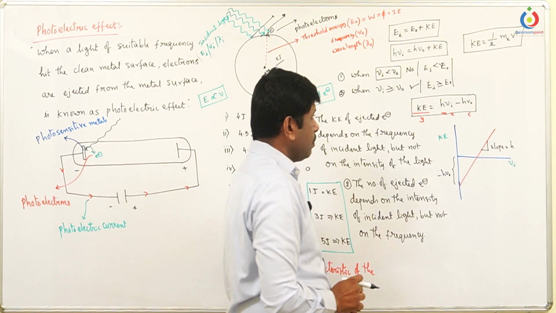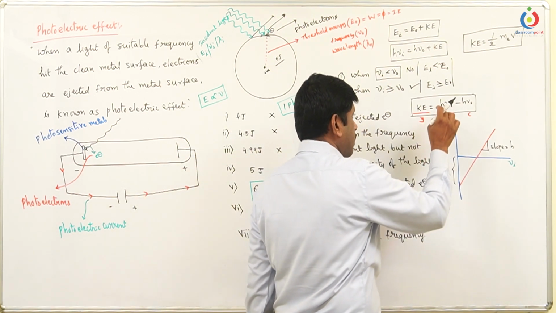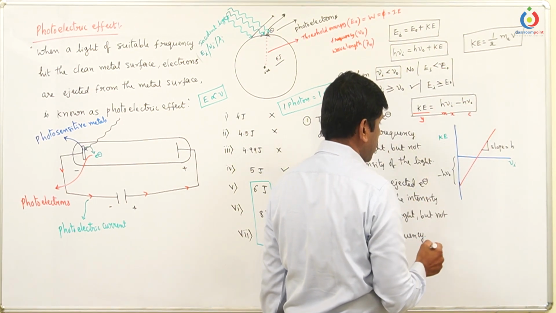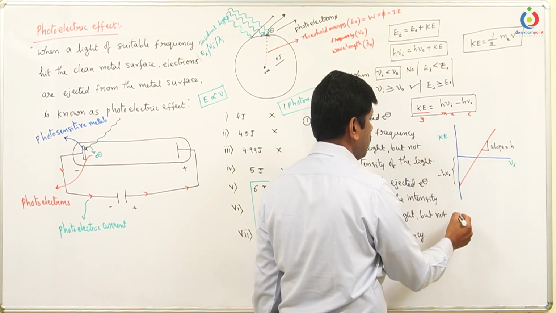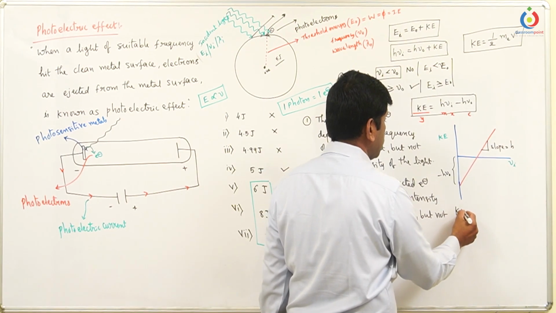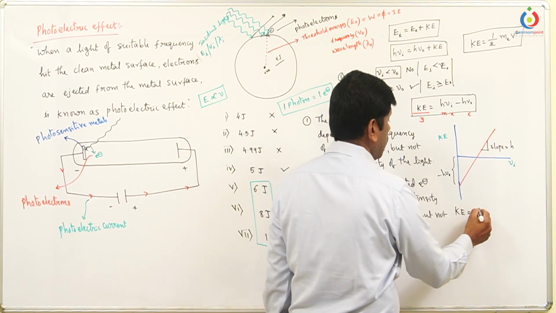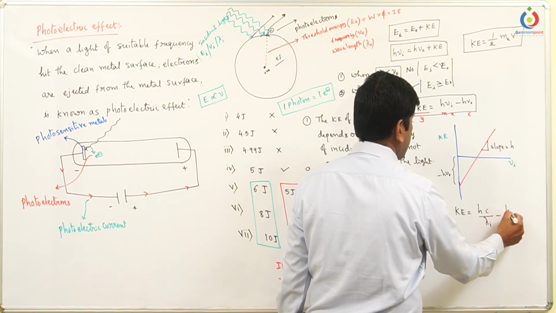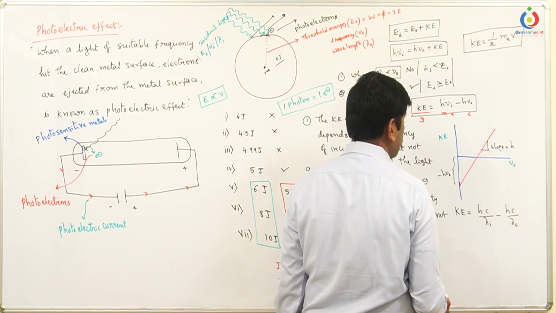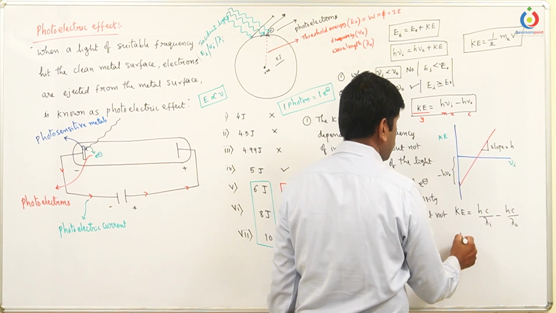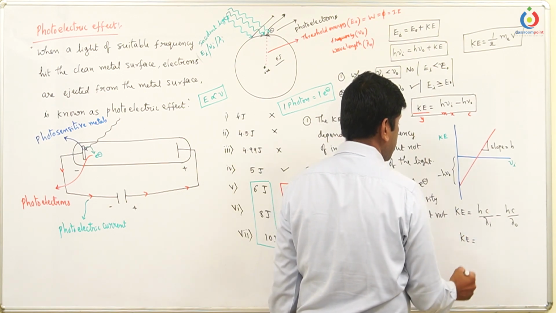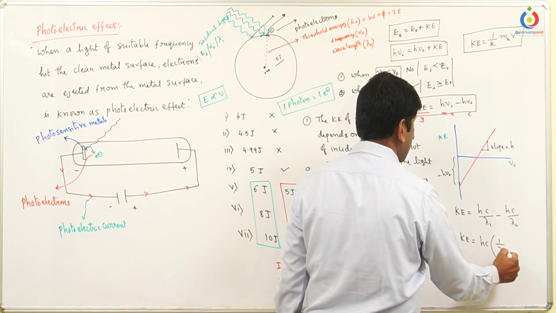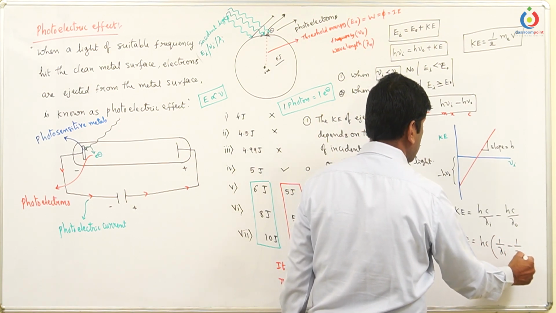Now let us substitute the lambda values also. Instead of the nu and nu naught values, let us substitute lambda values, so kinetic energy equals hc by lambda I minus hc by lambda naught. hc is constant, so kinetic energy equals hc into 1 upon lambda I minus 1 upon lambda naught.